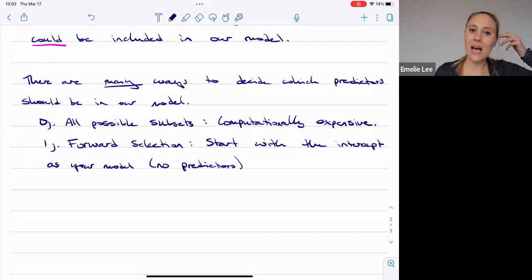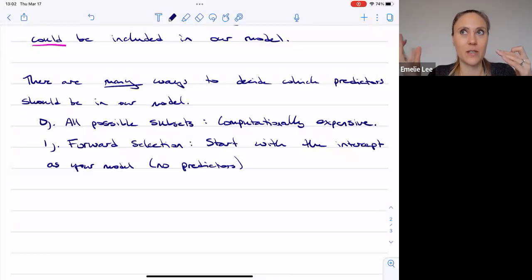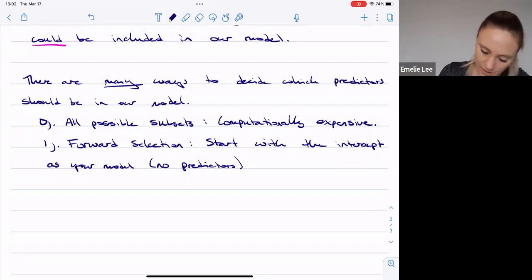Then at each iteration, add a predictor until predictors are no longer significantly contributing towards the model.